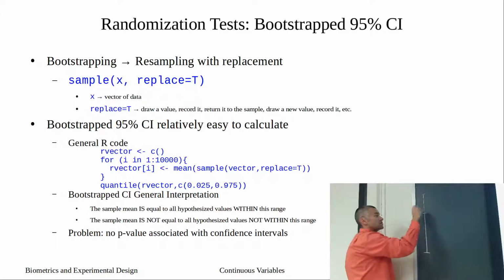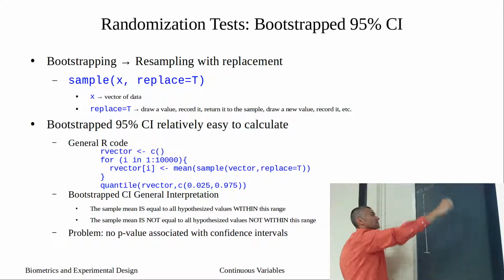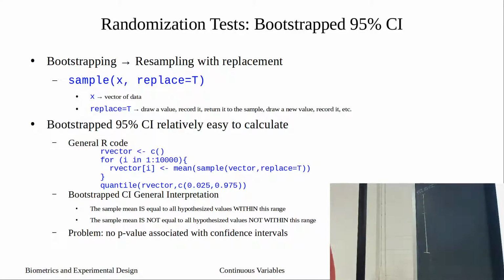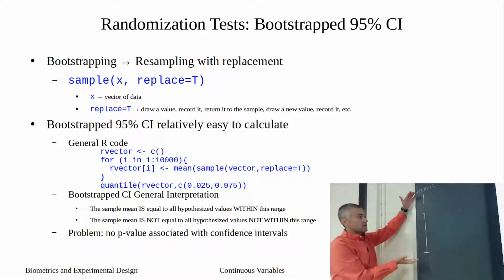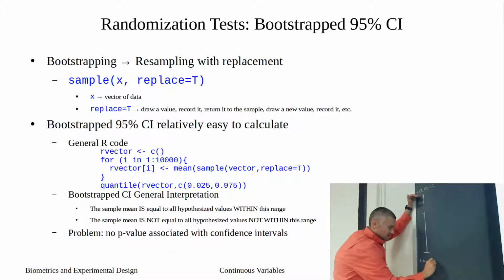Let's say this is a bootstrapped confidence interval. A 95% bootstrapped confidence interval. Let's say that's what we have. All right. This 95% is significant because we're looking at which range captures 95% of all of our data points. All right. So 1 minus alpha is typically 95% when we set alpha at 5%.